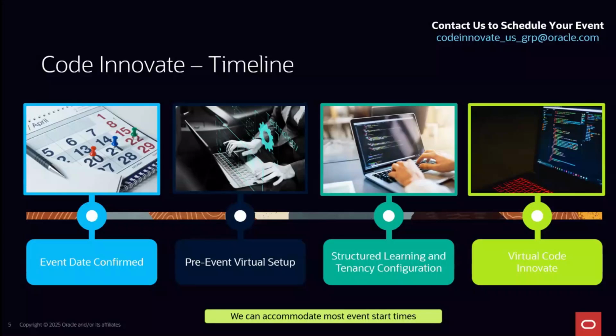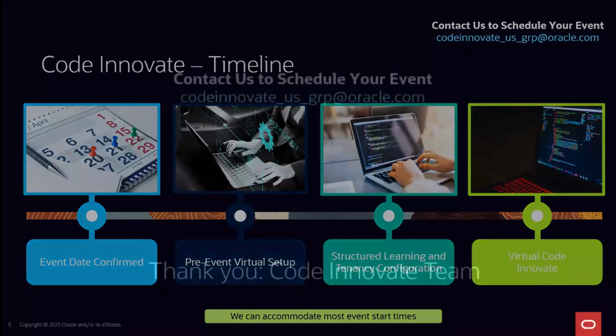We also offer what's called structured learnings, which is essentially training demos of the service or services we'll be utilizing throughout the week. Since many customers may be new to Oracle services, this is a great opportunity for participants to get some exposure to the tools they will be developing on in the following week. Then we have the event.